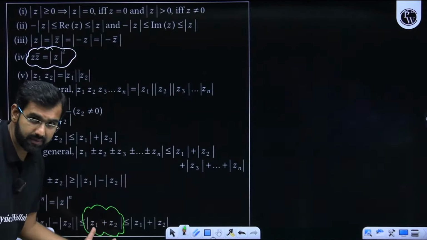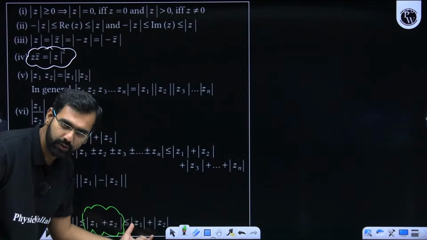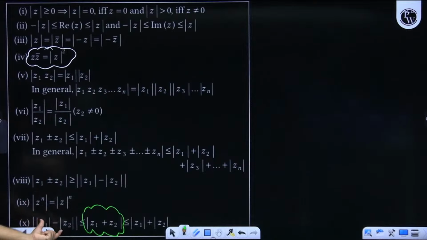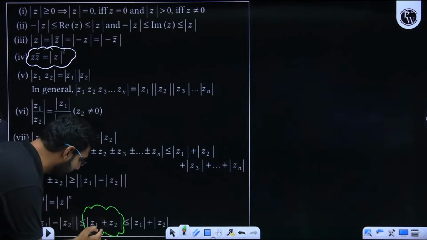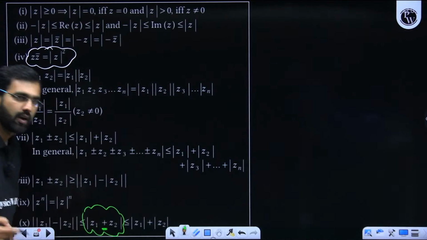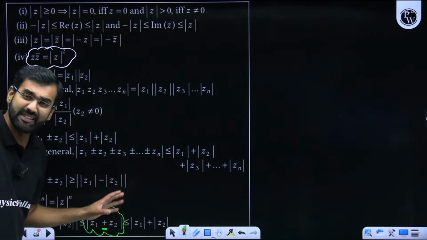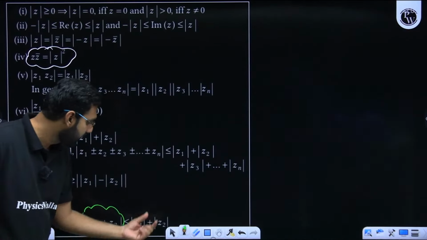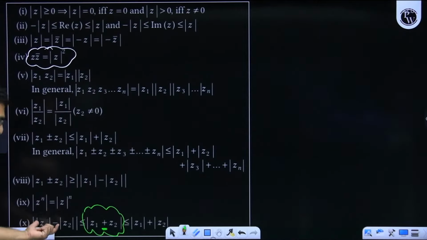Mod of (z1 plus z2) is always less than or equal to mod z1 plus mod z2, and it is always greater than or equal to modulus of (mod z1 minus mod z2). Even if it is a difference, it also holds true. Modulus of sum or difference of two complex numbers is always less than the sum of their individual magnitudes, and it is always greater than the difference of their individual magnitudes.